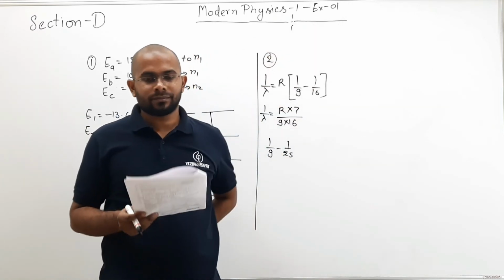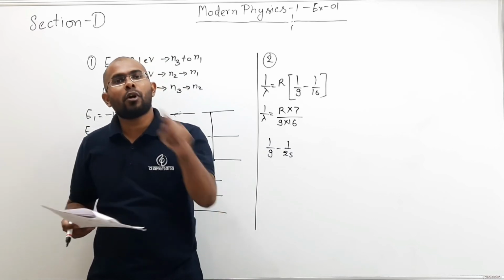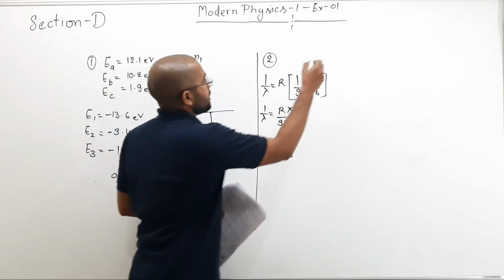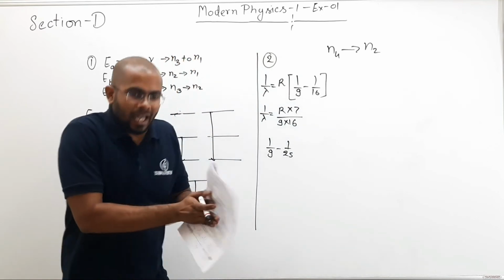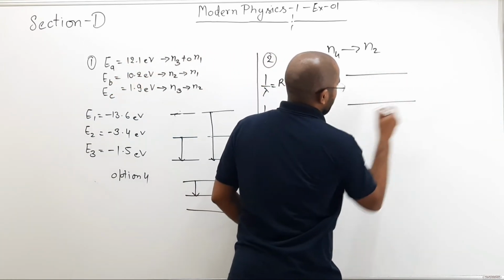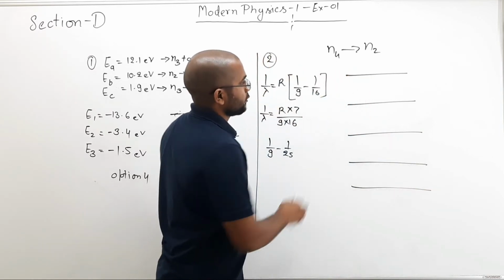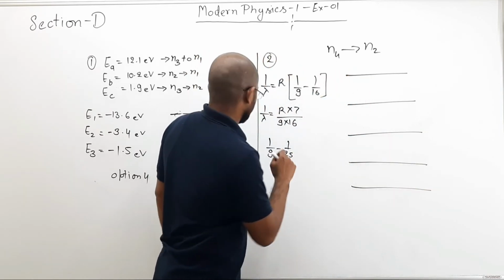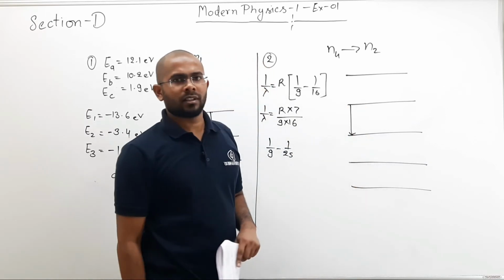So that is wrong. If 4 to 3 is visible, then 4 to 2, from N4 to N2, will have even higher energy. See, 5, 4, 3, 2, 1. So 4 to 3 is visible, this much energy.